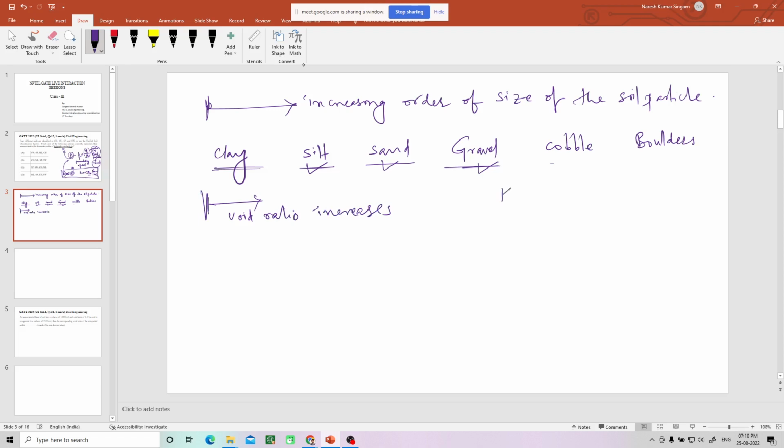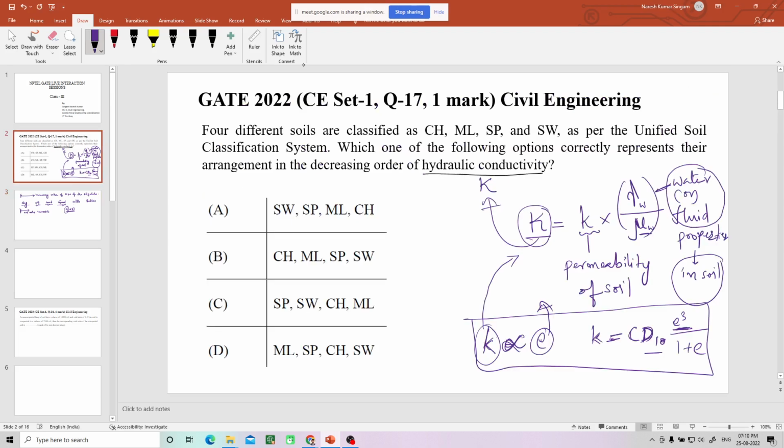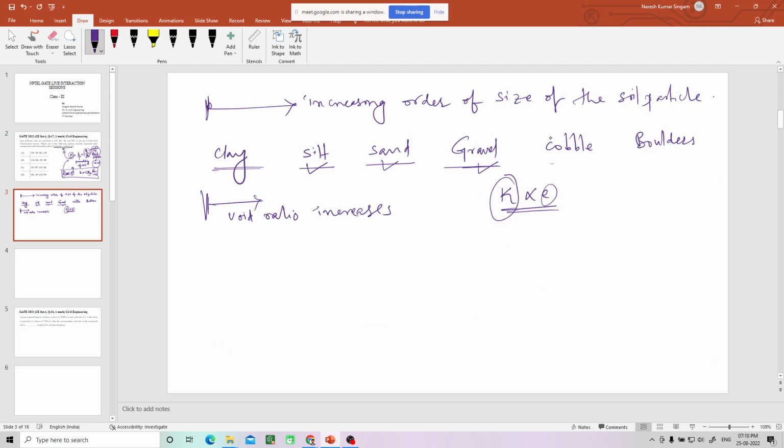According to that, k is proportional to the void ratio. Hydraulic conductivity will be more for the soil with more void ratio. Now we'll see what is given: CH, ML, SP and SW.